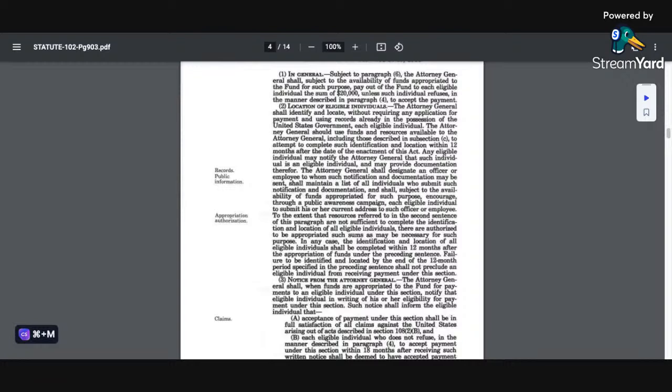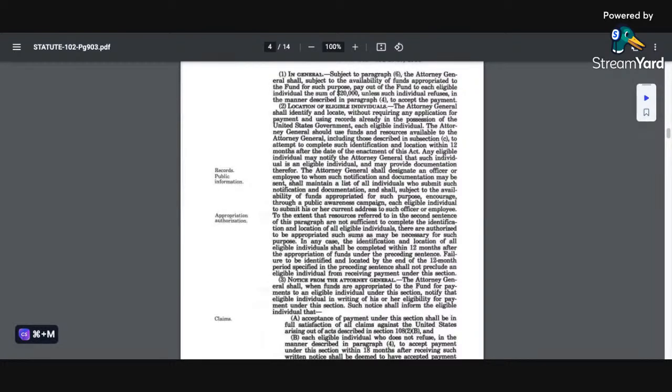The Attorney General shall designate an officer or employee to whom such notification and documentation may be sent, shall maintain a list of all individuals who submit such notification and documentation, and shall, subject to all availability of funds appropriated for such purpose, encourage through a public awareness campaign each eligible individual to submit his or her current address to such officer or employee.